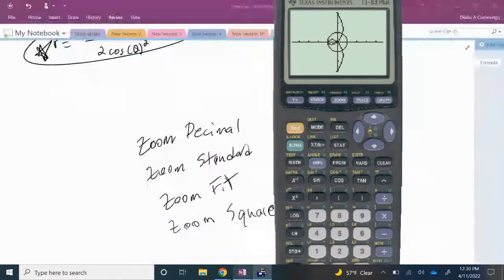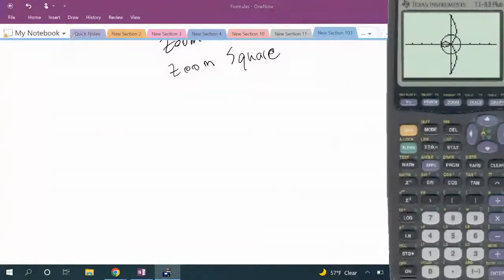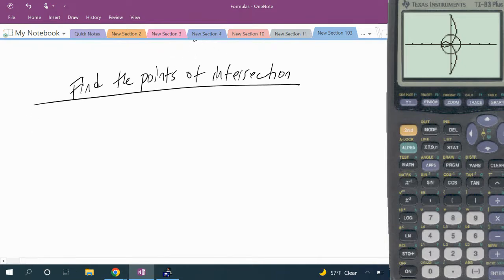I'm going to go back to OneNote and put my screen on. I'm going to take those two equations to find the points of intersection. So we have r sub 1 is equal to 3 minus 4 times cosine of theta.